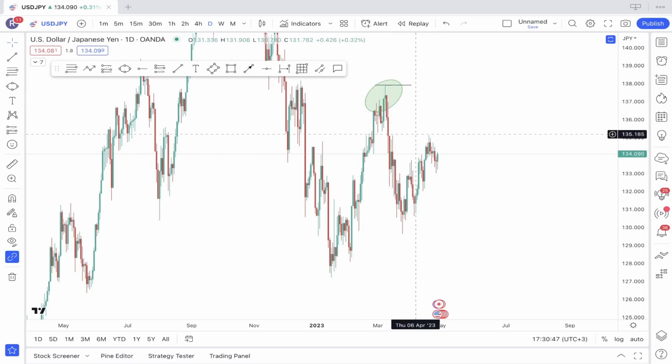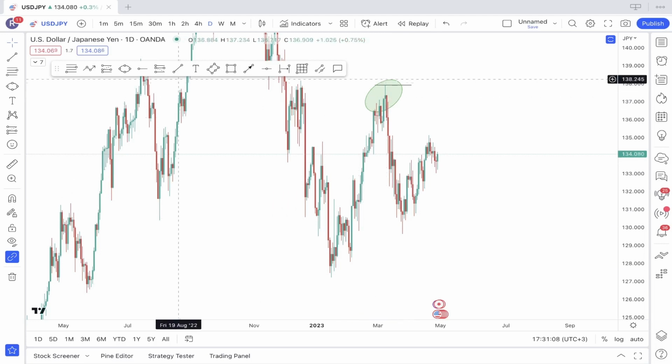That for me is a valid high, okay? But again, I have to see the full body closing below it, not the wick, okay? And the full body below the wick, not below the most recent bullish candle, the body of the most recent bullish candle, below the full candle, below the wick as well, okay?